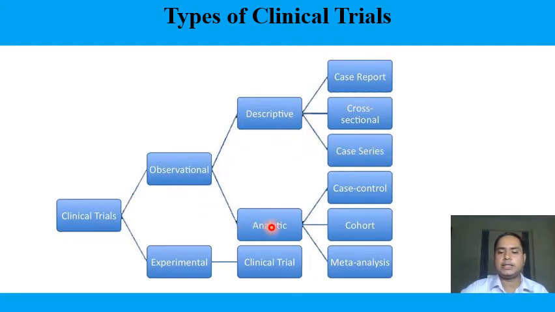The analytical observational study also has three different parts: case control, cohort and meta-analysis. We will discuss more about the types of clinical trial in our next lecture.